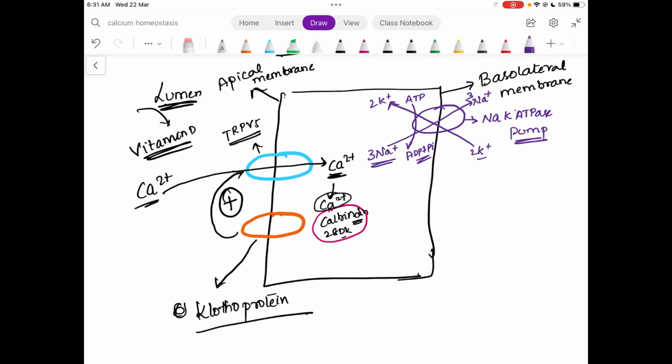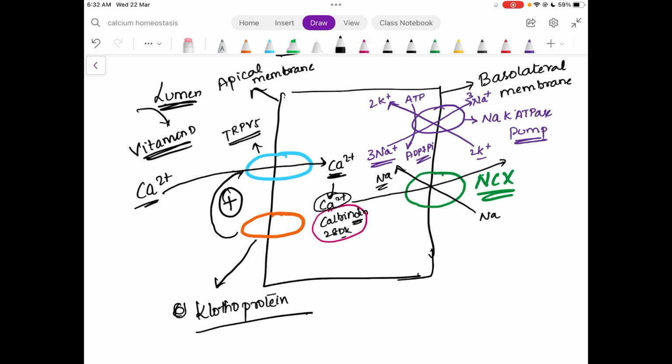This causes loss of sodium ions inside the cell. That means this sodium has to get back into the cell. This is done with the help of another protein called the sodium calcium exchanger. It will move sodium inside, and it causes movement of calcium to outside.